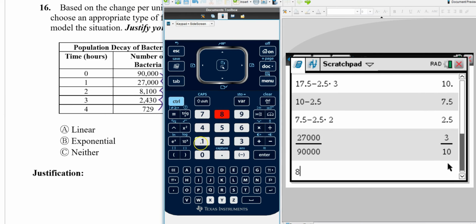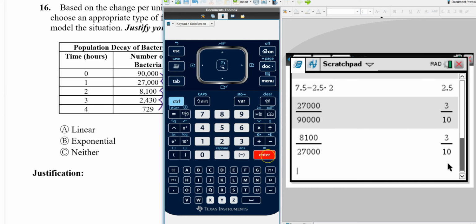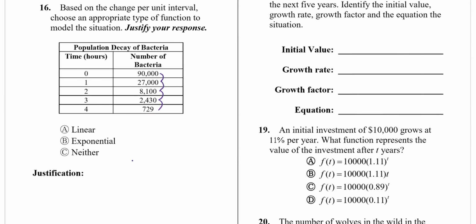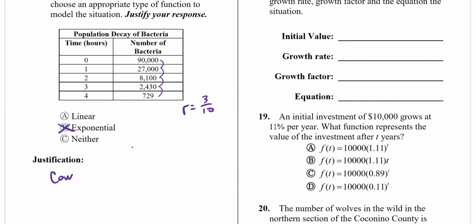Or if I do 8,100 divided by 27,000, I get 3/10. I have a common ratio of 3/10. That means it has to be exponential. Justification, common ratio of 3/10.